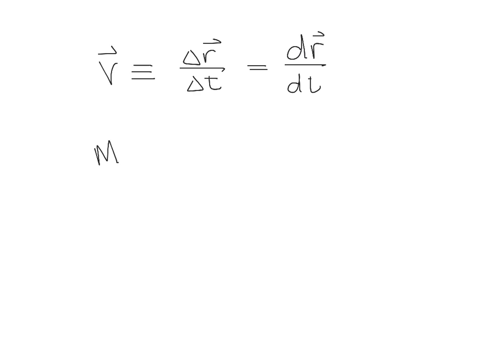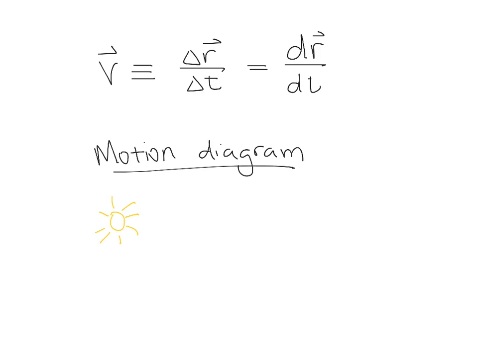So for a motion diagram, imagine that we have some object, say like the sun. And if we are tracking it across the sky from our position, maybe it looks like this.